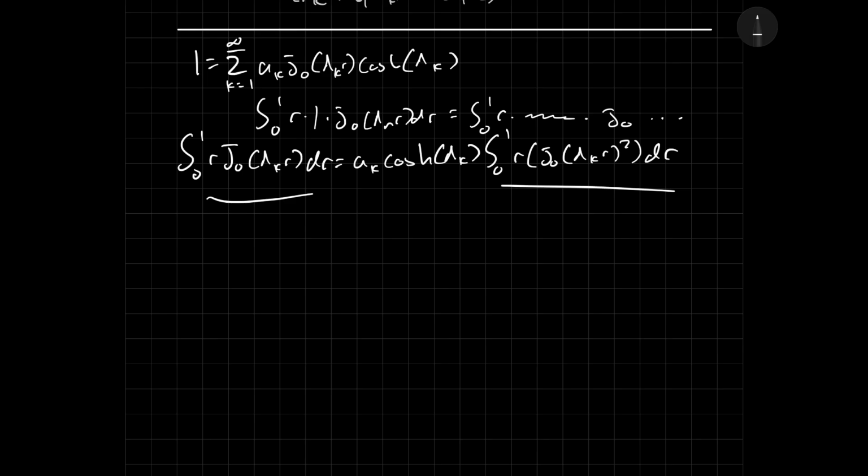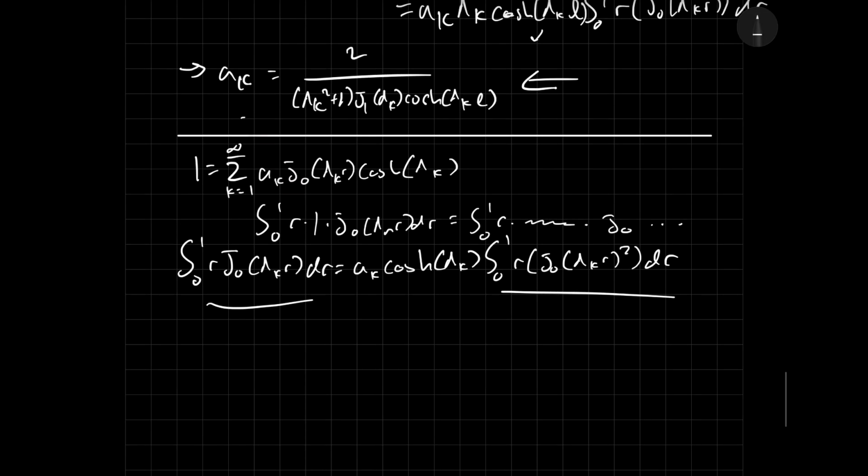Okay, so let's move down now. Actually, we already have this. So now we just want to evaluate the integrals and actually solve for this relationship, which will hopefully lead us to this.